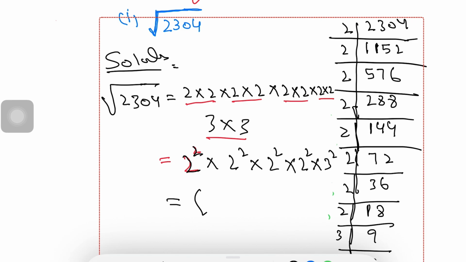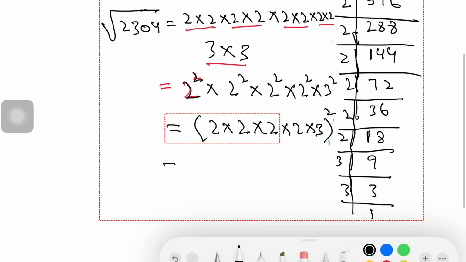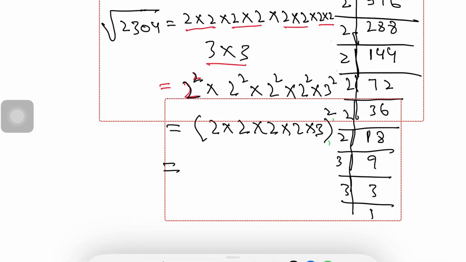So here we write all the numbers with power 2. So we write them in the same row. Okay, and multiply and take the power 2 one time.